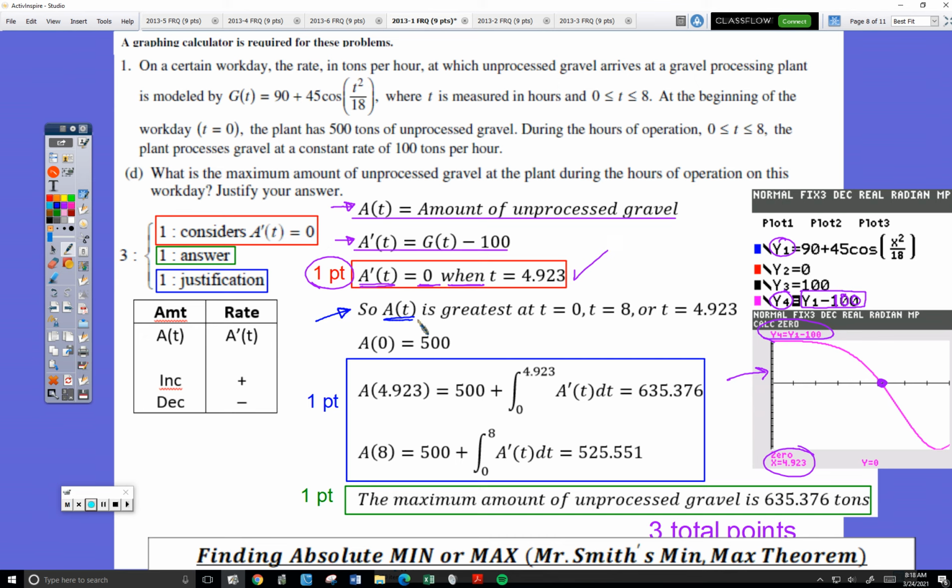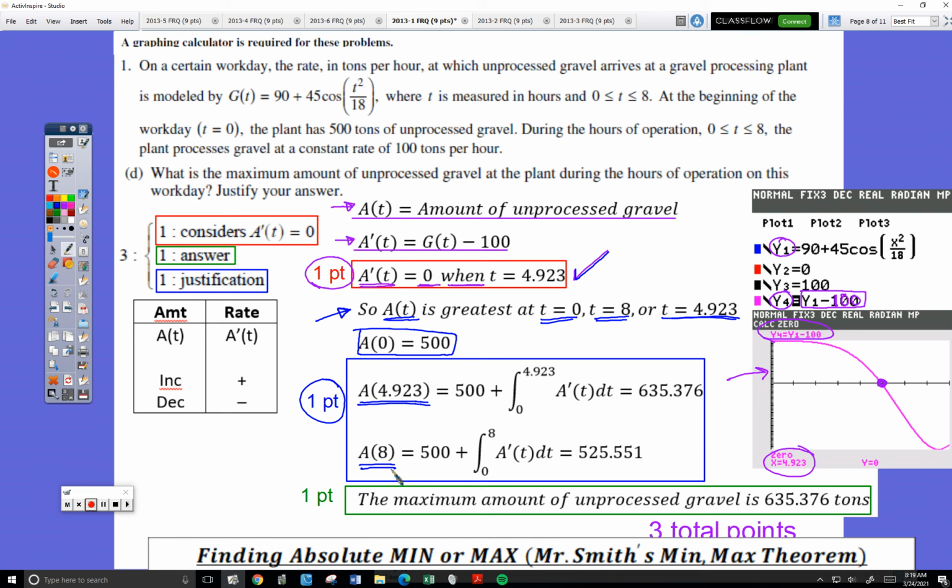So A could be greatest, either at the very first time, the very final time, or at the time where A prime is 0. So now I get 1 more point for finding those values of A. A of 0 is given, I don't have to find that. I do have to find A at 4.923 and A at 8. Therefore, I use the fundamental theorem.